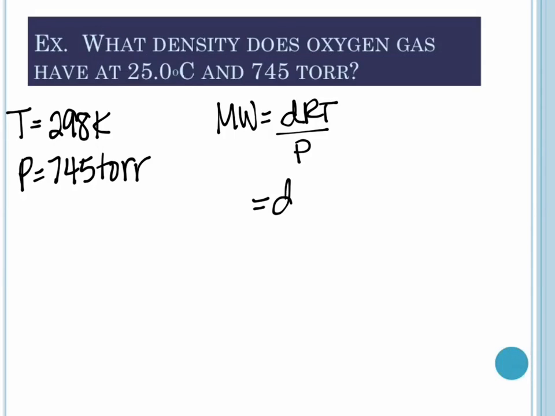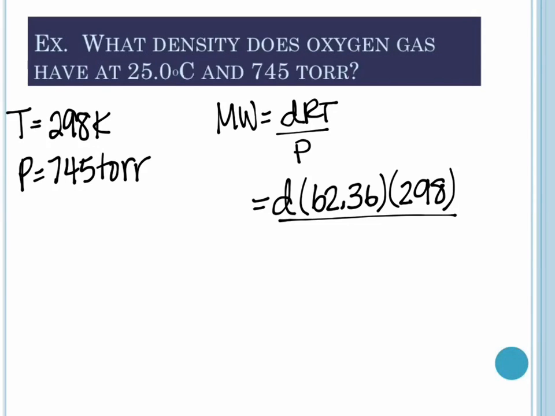D is my X. What's the value of R? 62.36. T we said was 298. Pressure is 745. And what is the molecular weight?